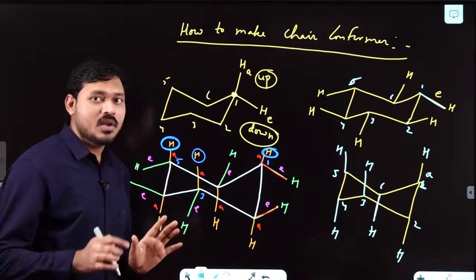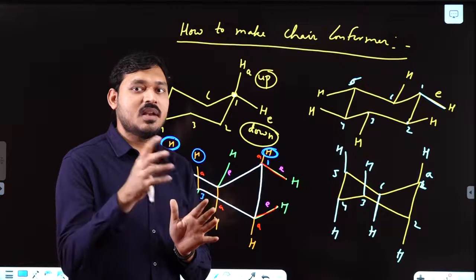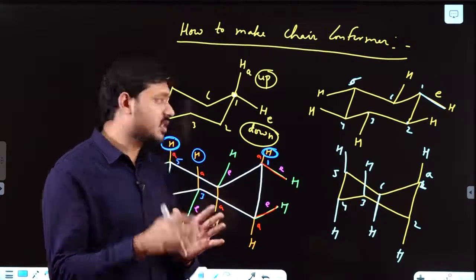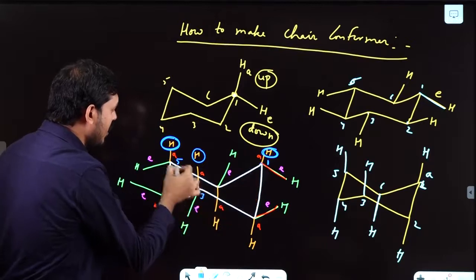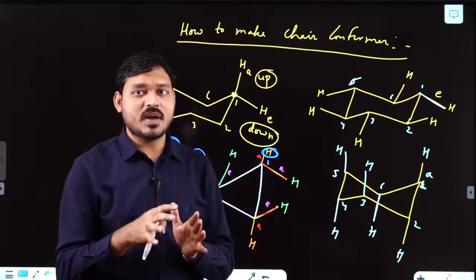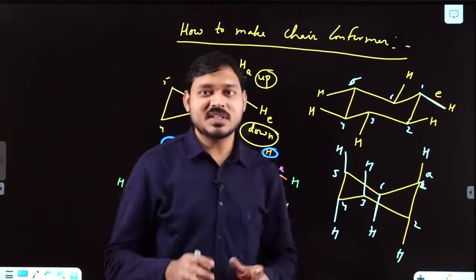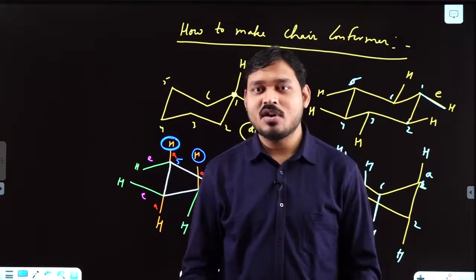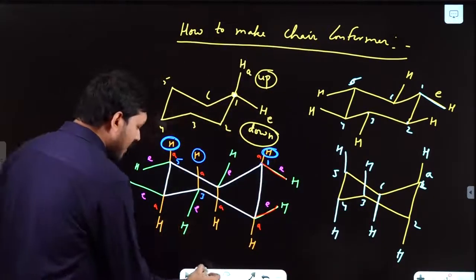So that's why when you keep bulky groups in axial positions in 1 3 or 1 5, or simply you may say here you are having any group, correspondingly here you are having bulky groups in 3 and 5, then you are having 1 3, 1 5 diaxial repulsions. Okay, so I hope you must have noted it down and you have understood all these parts. Okay, so let's start with our examples.